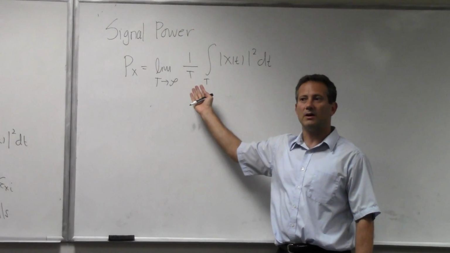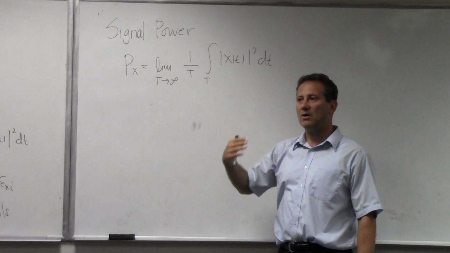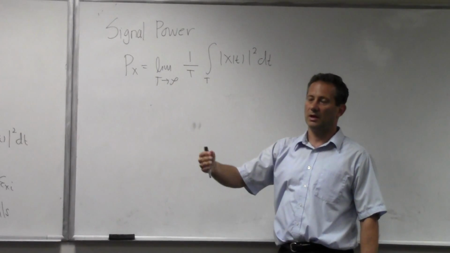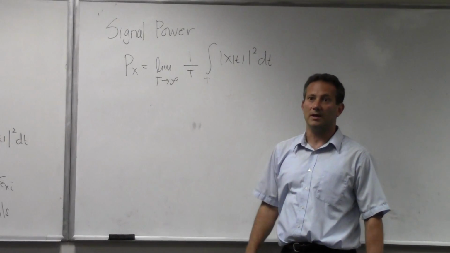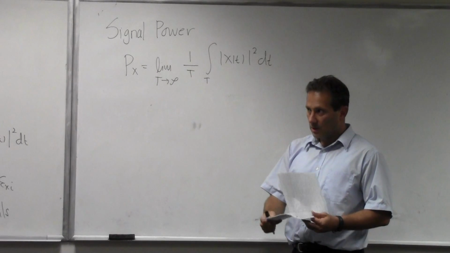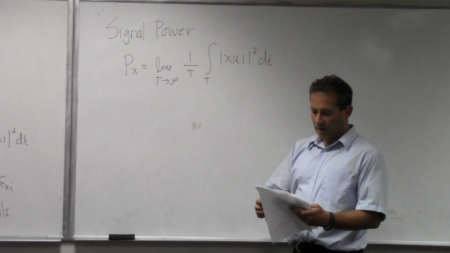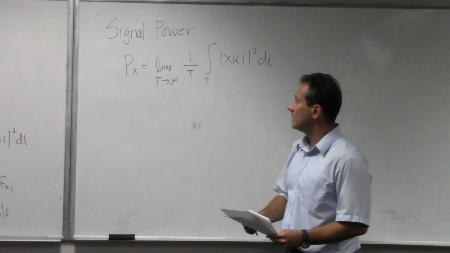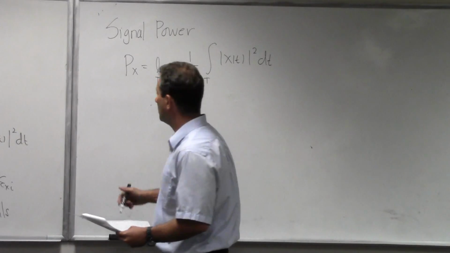So if you think about it, what this represents is power: the average energy averaged over time, right? Again, we have two cases where x of t can be either real or complex.